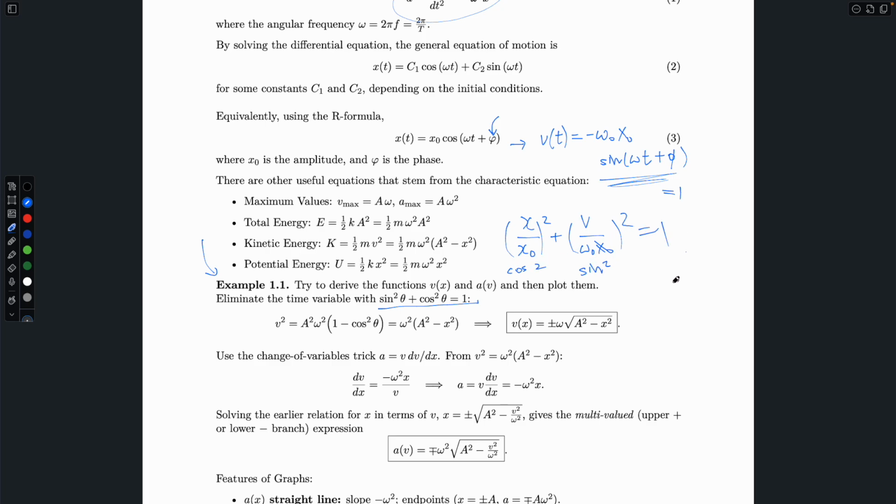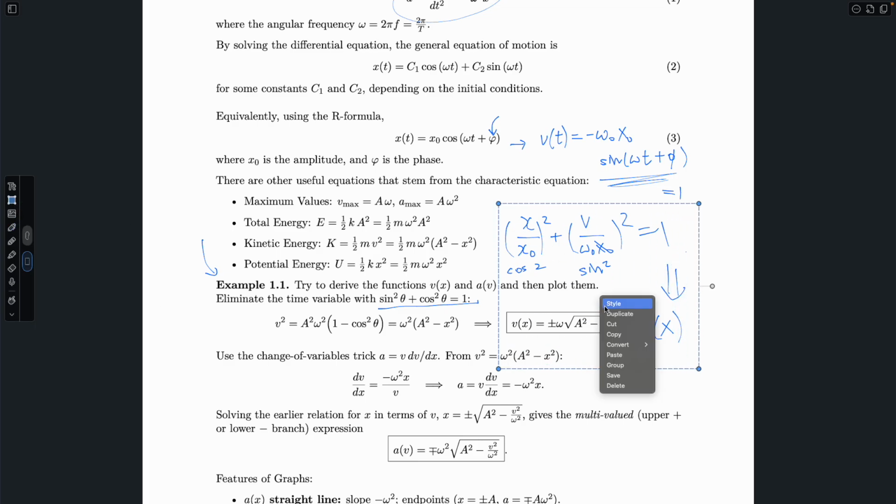This has to equal 1. Then you can rearrange the equation to get v as a function of x. So that's how the first equation is derived.